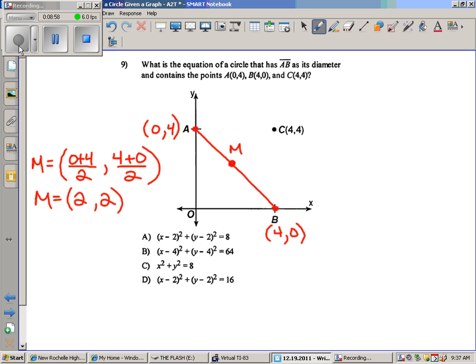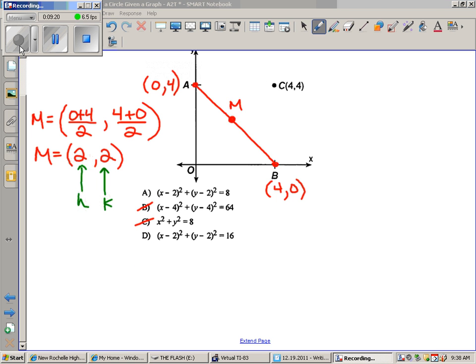Okay, so that automatically knocks off the two choices, because that's a diameter. And so the middle of that line is actually the center of our circle. So right over here, this is going to be H, and that's going to be K. Let's use our formula to try and figure out the radius.